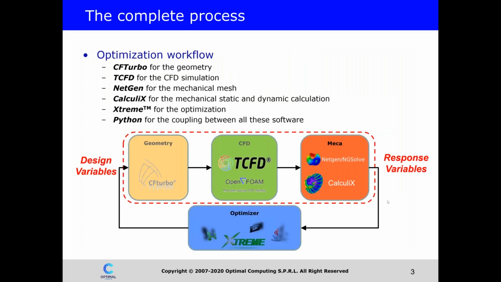So focusing on the topic of today, I have this flow chart where you see a typical optimization process, and this is the optimization process that we will be presenting today, involving parametric modeling using CFTurbo, using CFD, using TCFD, which is based, as you see, on OpenFOAM, and then adding to this simulation some mechanical calculation based on the open source code Calculix.